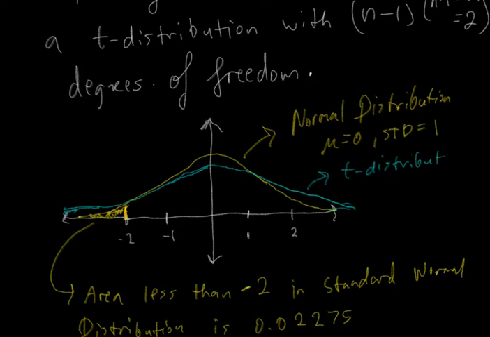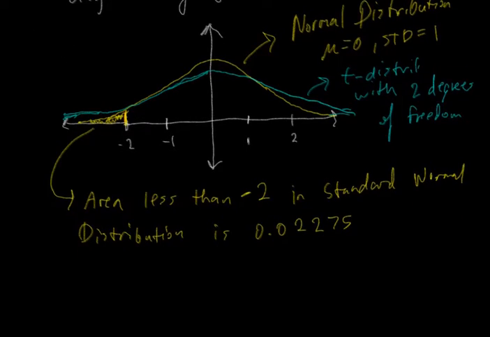I just write it right here, t distribution with 2 degrees of freedom. Okay. Now, so I'm going to show you this right here. This area right here, which includes the yellow also, so I'm going to just put a stripe over that.